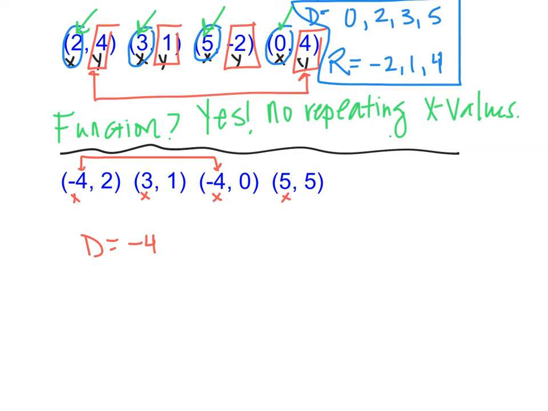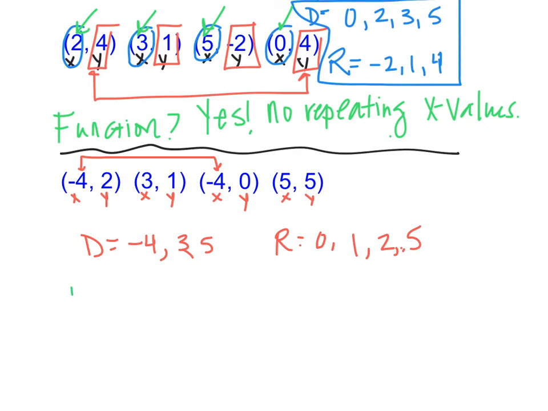And then next would be the 3 and the 5. Our range is going to be all the y values. We have a 2, a 1, a 0, and a 5. Starting with the smallest, which is 0, and then 1, 2, 5. So your range is your y values, output. The domain is your x values, the input.